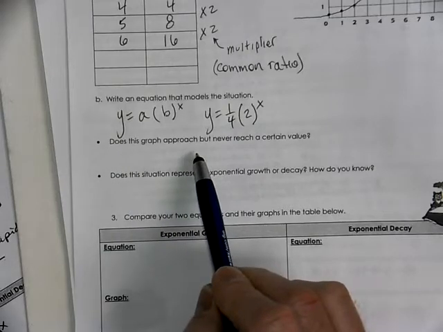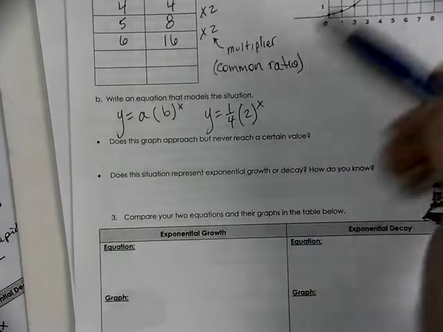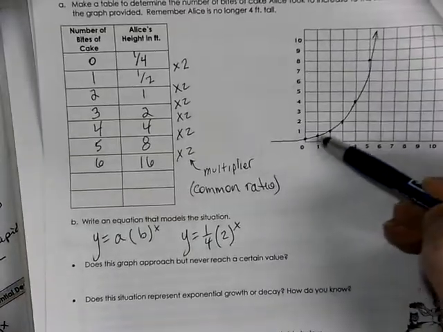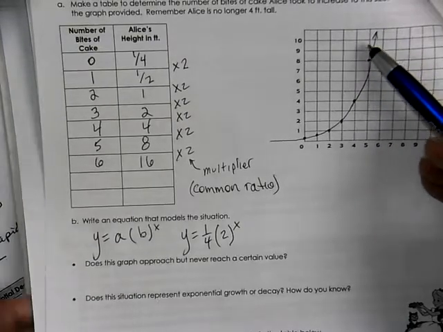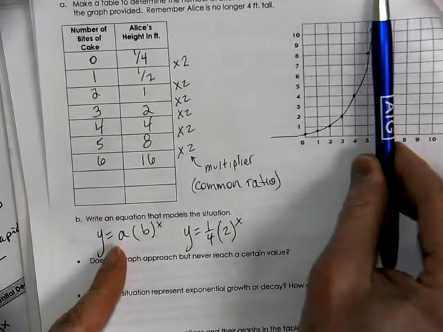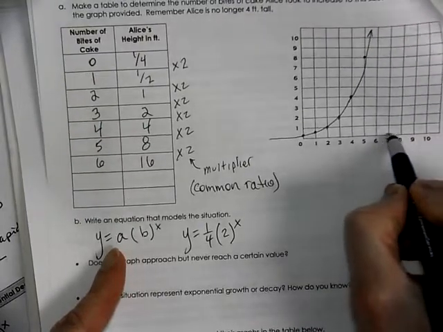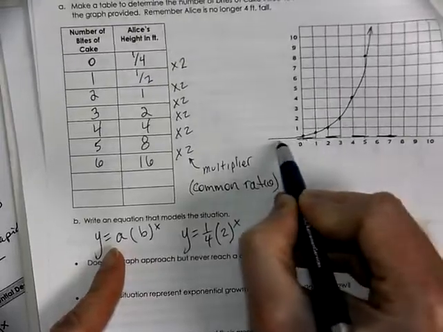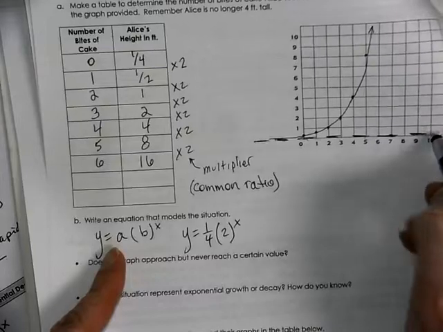Does the graph approach but never reach a value? It does not reach anything going upwards. There's no asymptote going up. You can always get bigger. You can always take more bites, so it doesn't reach any vertical asymptote. But there is a horizontal asymptote, again, here at 0. Now, it doesn't make a lot of sense.